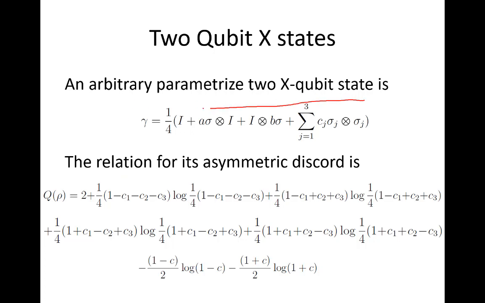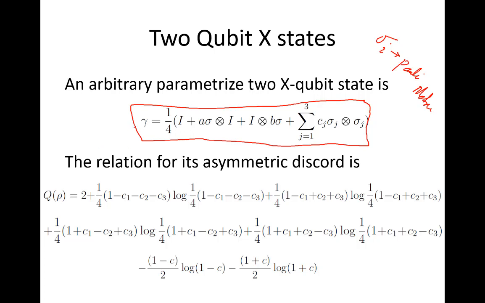This is the well-known formula for the 2-qubit parametric density matrix, where these sigmas are Pauli matrices and gamma is the density matrix, and this is any arbitrary density matrix. Okay, so an arbitrary density matrix with a 4 by 4 matrix. All of the entries in this density matrix are arbitrary.